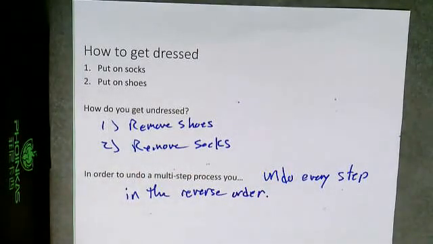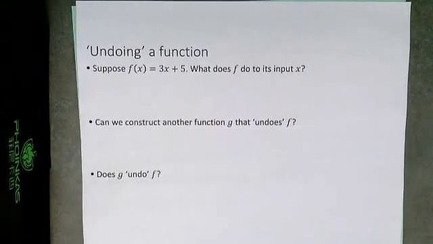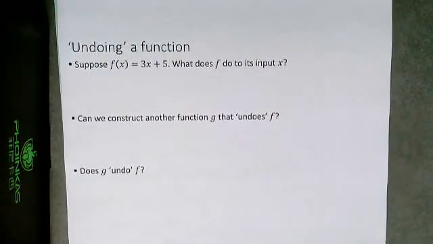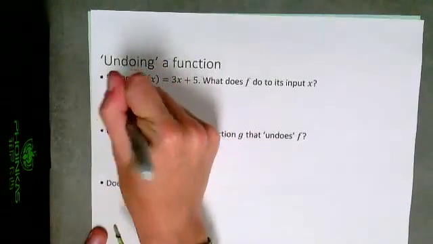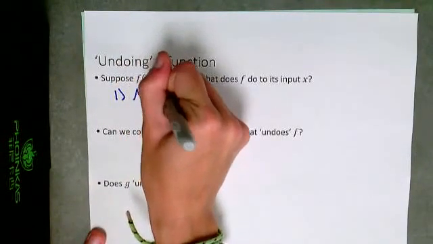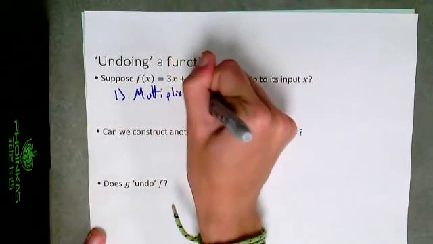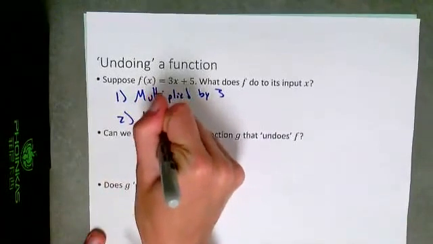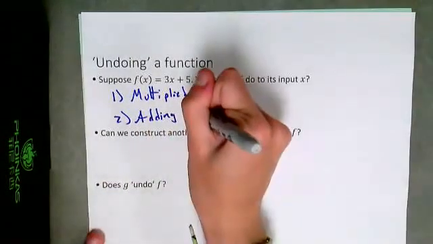So when we talk about inverse functions, we're quote unquote undoing a function. What does it mean to undo a function? Suppose that f of x is equal to 3x plus 5. What does f do to this input? First, x is being multiplied by 3, and then we're adding 5.